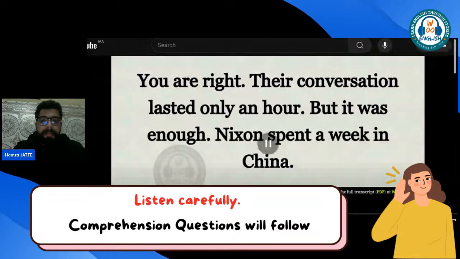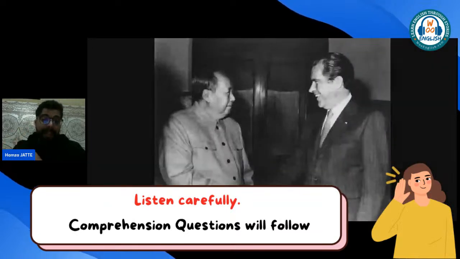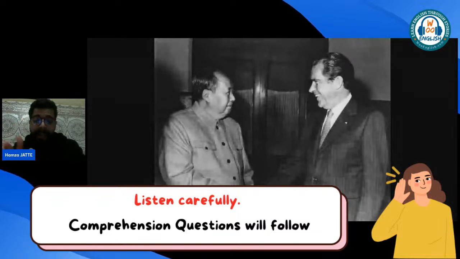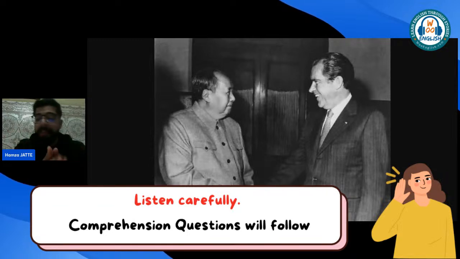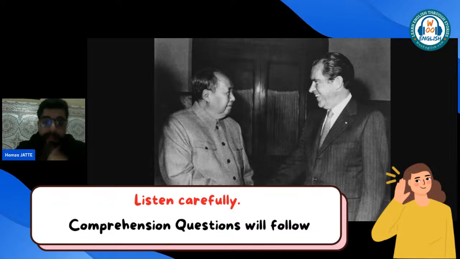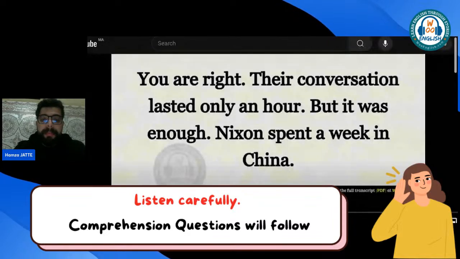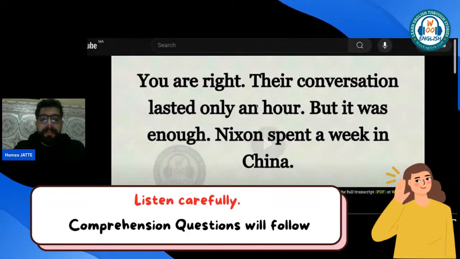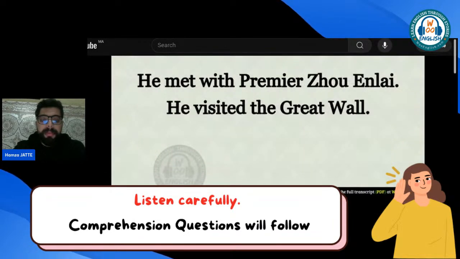Nixon spent a week in China. He met with Premier Zhou Enlai.